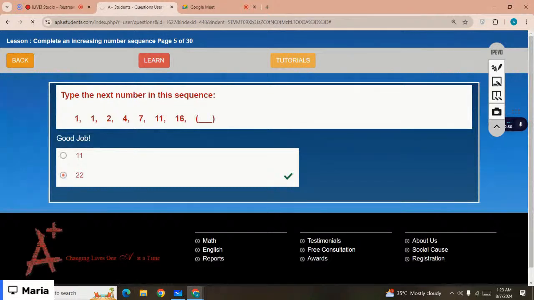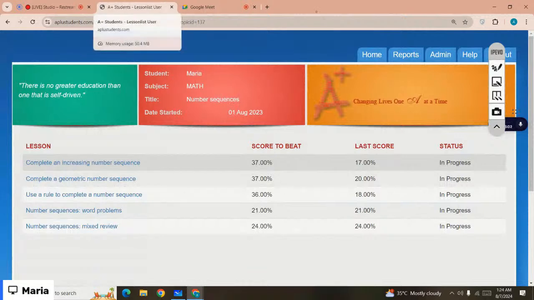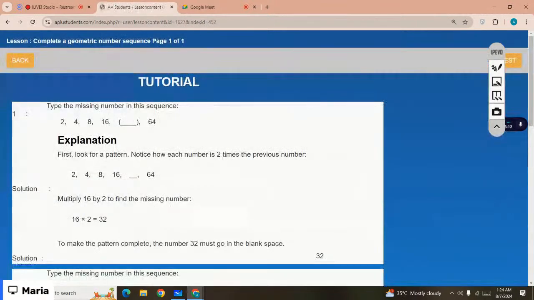Let me move on to the next lesson. Okay, the next lesson is complete a geometric number sequences. So basically, we have two types of sequences. The first one is arithmetic, the second one is geometric sequences, right?